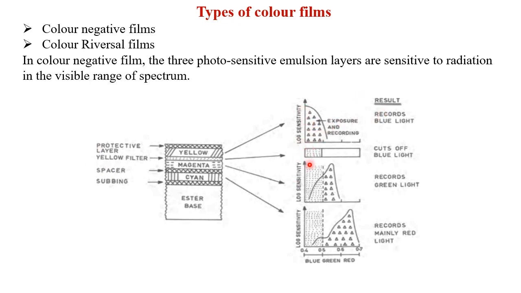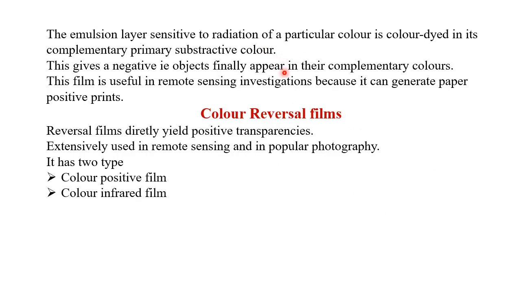Here we get different types of spectrum. The emulsion layer sensitive to radiation of a particular color is dyed in its complementary primary subtractive color. This film is useful for remote sensing investigations because it can generate paper positive prints.